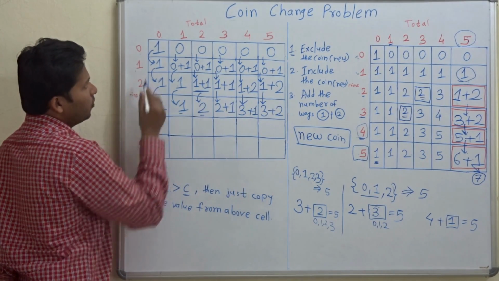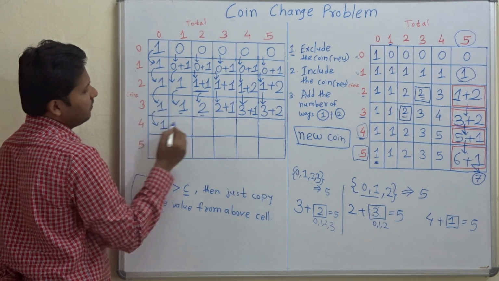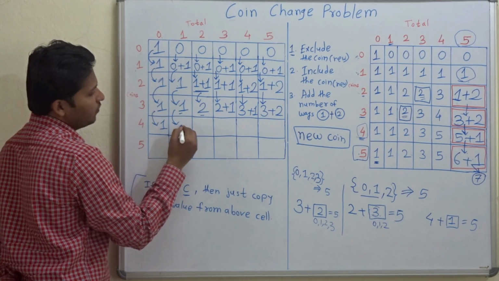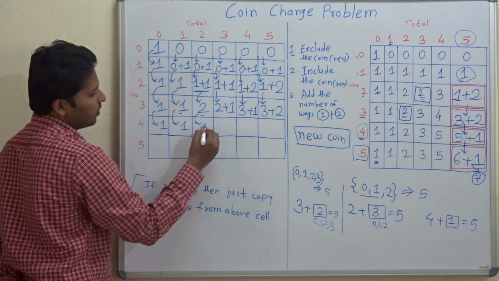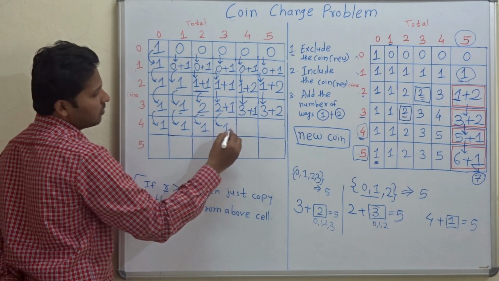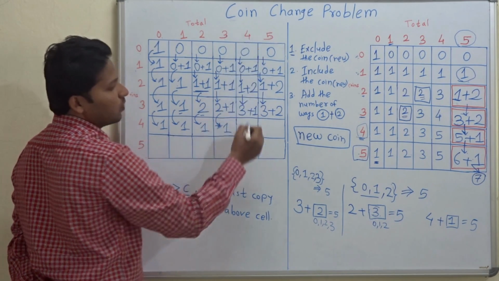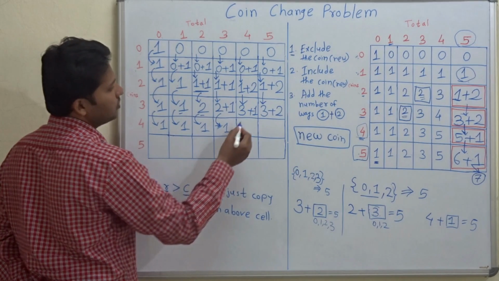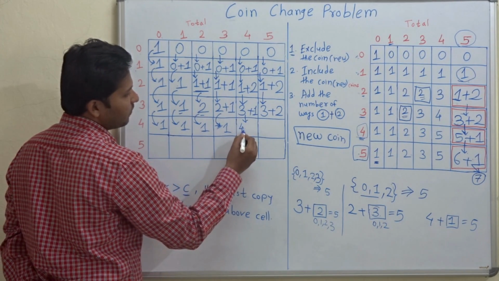Now 4 is greater than 0, just copy value from above cell. 4 is greater than 1, copy value from above cell. 4 is greater than 2, copy value from above cell. 4 is greater than 3, copy the value from above cell. 4 is equal to 4. Now we have to use the rules. So for excluding the new coin it is 3 plus 1, 4.